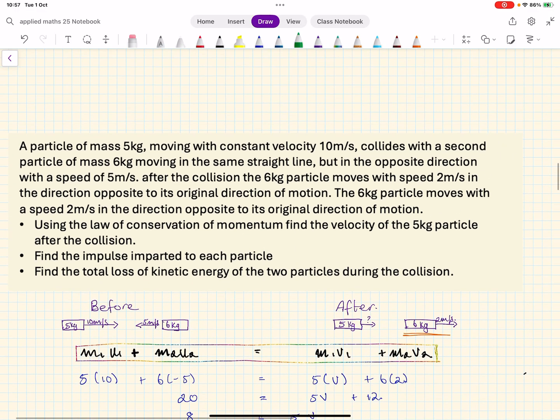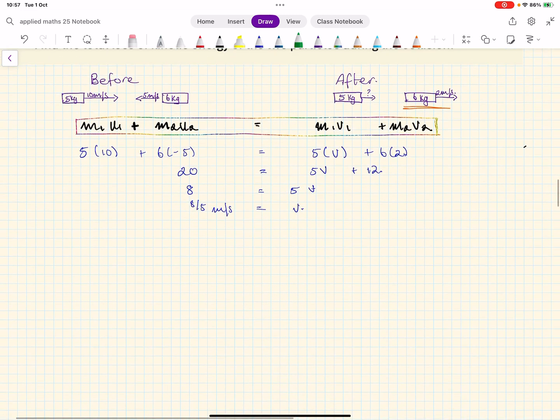Moving on to the next part, I want the impulse. So remember, impulse is the change in momentum, which is mv minus mu.